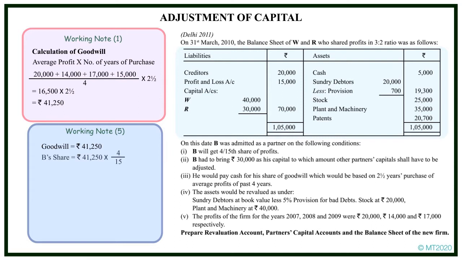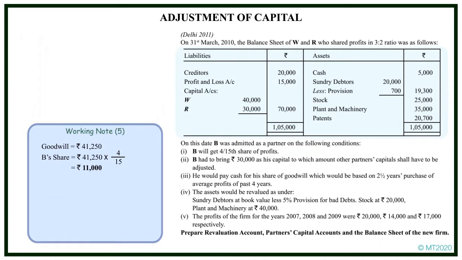So B's share is 4 by 15th in goodwill 41,250, which comes as 11,000. So the 11,000 amount would be brought by B to compensate the sacrificing partners for sharing their share of profit in favor of B.